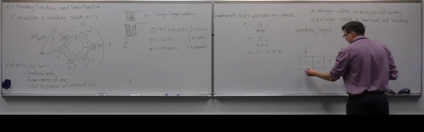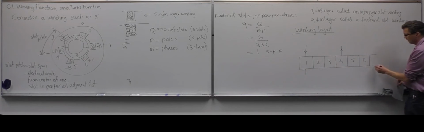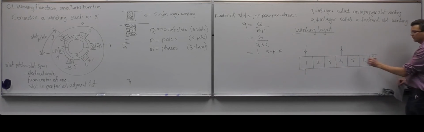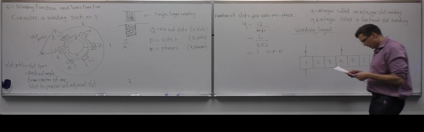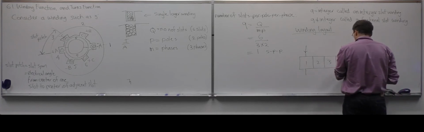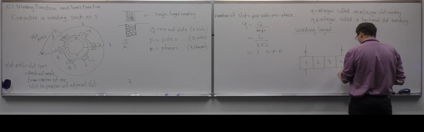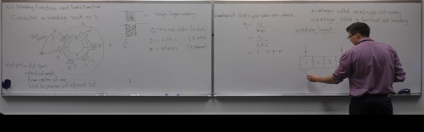You could think of this as the cross section of the machine in the axial direction, and this then shows the wires coming out of the sides of the machine.